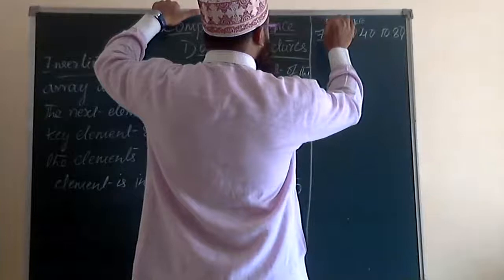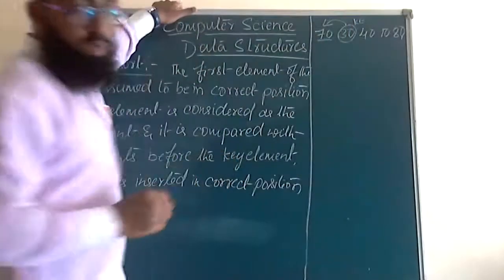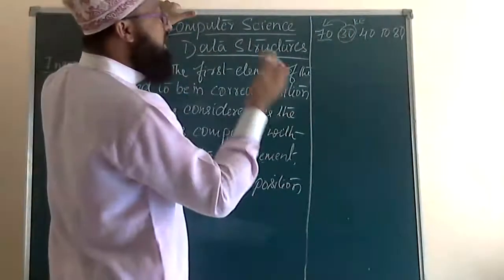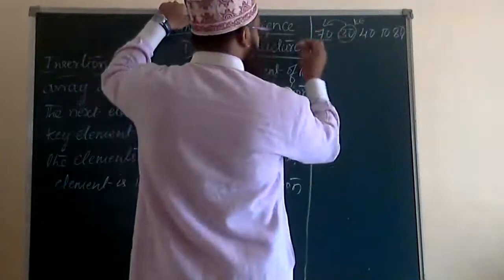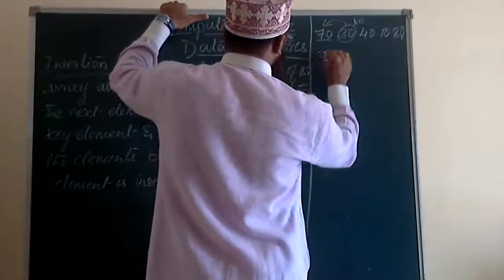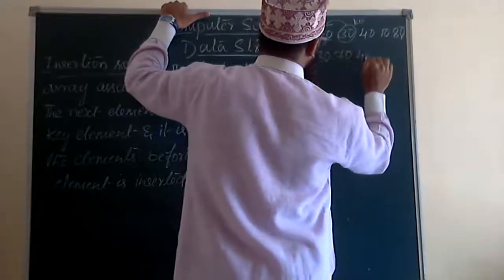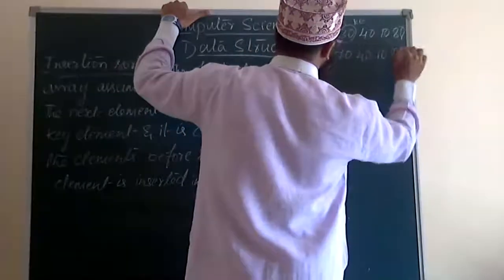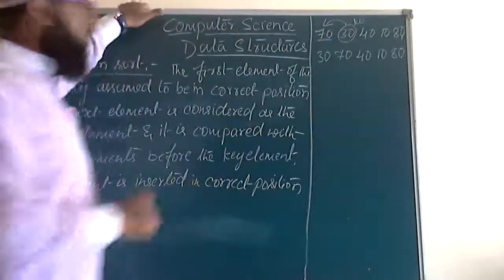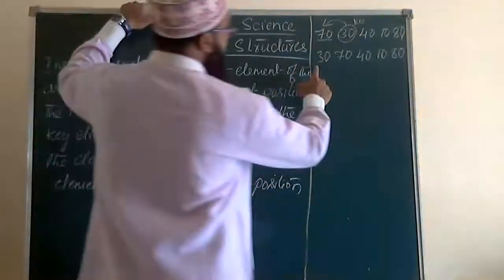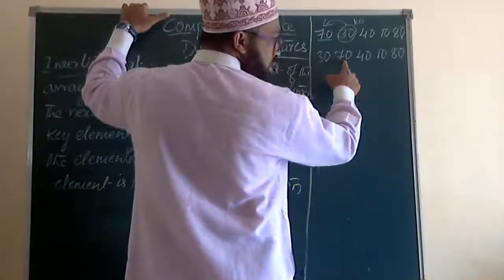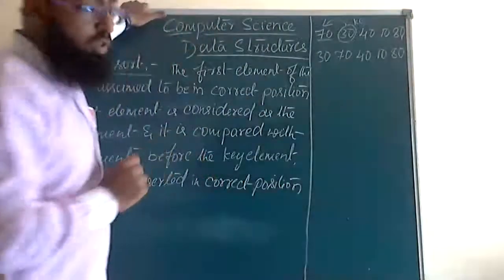So now compare 30 with 70. Though 70 is greater than 30, bring 30 to the first position and move this 70 to the next position. Then this will become like this. Now 30 is smaller than 70, so this is in sorted order.